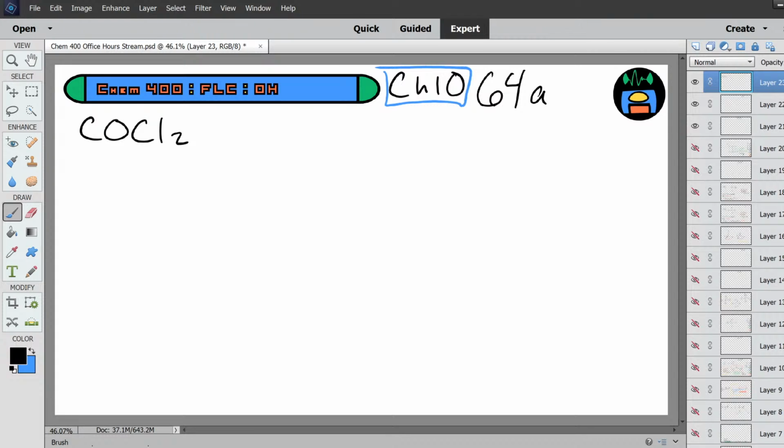So I'm just going to go ahead and dive in and draw the Lewis structure for this compound, because we need the Lewis structure to determine hybridization and all the rest.